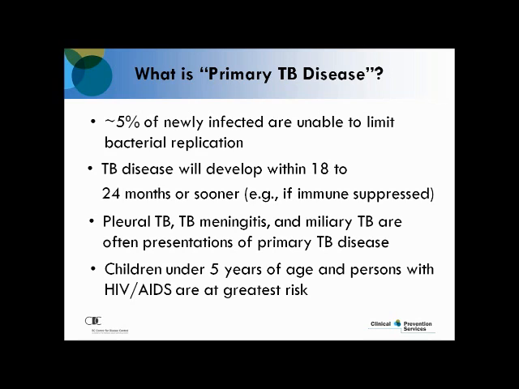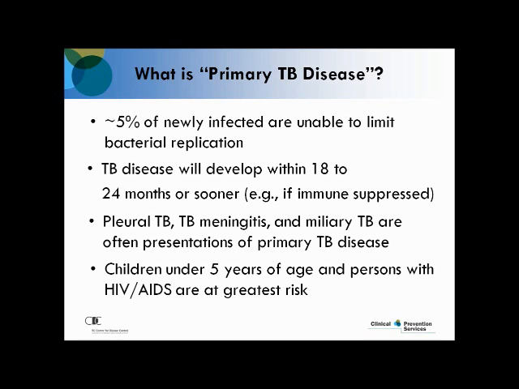TB disease develops when the immune system cannot keep the tubercle bacilli under control and the bacilli begin to multiply rapidly. This can happen very soon after infection or years later. Unless treated, approximately 5% of people recently infected will develop TB disease within 18 to 24 months. This is called primary TB disease.